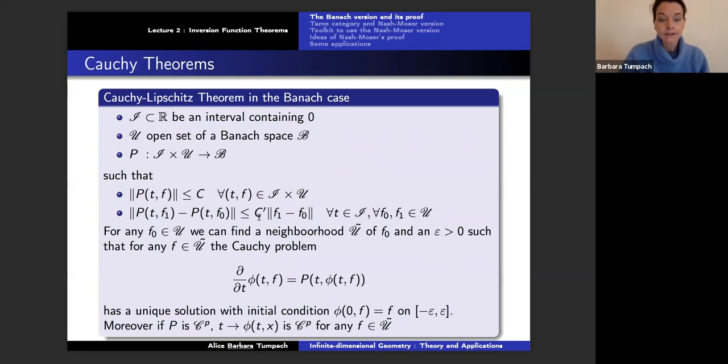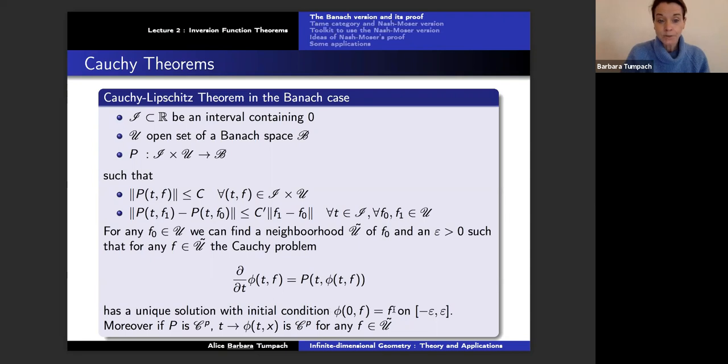If this is the case, then for any f dot in the open set U, we can find a small neighborhood centered at f dot, and an epsilon, which will give you the maximal time, where the Cauchy problem that I wrote here has a unique solution with the initial condition that the flow phi at time 0 should be, for an element f, equal to f.